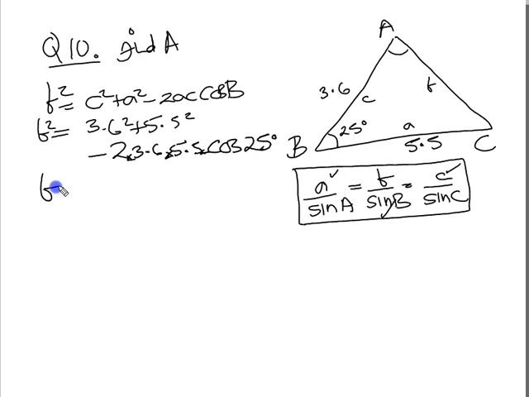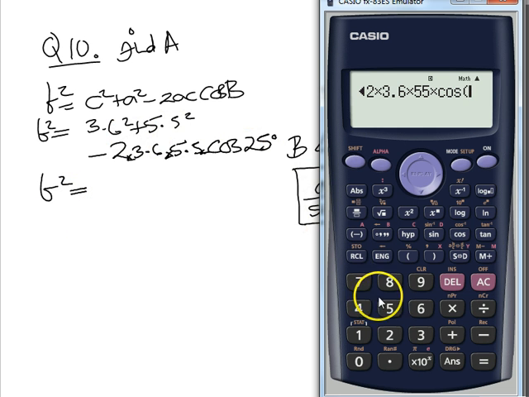So B squared equals then, type it in the calculator: 3.6 squared, plus 5.5 squared, minus 2 times 3.6 times 5.5 times the cosine of 25 degrees.